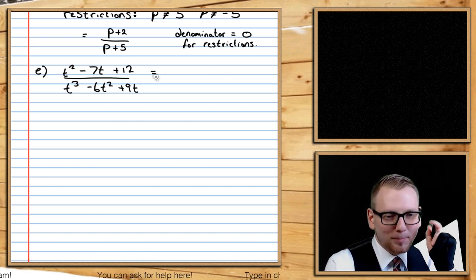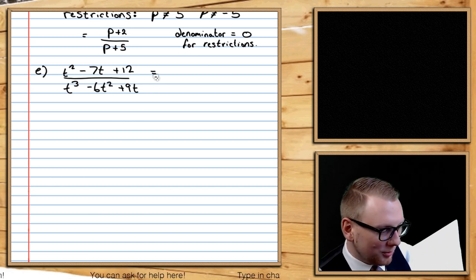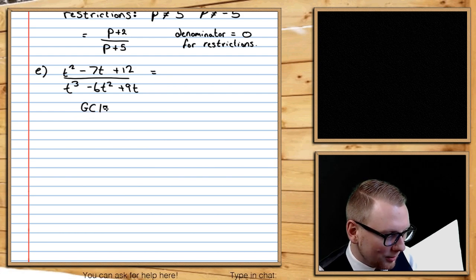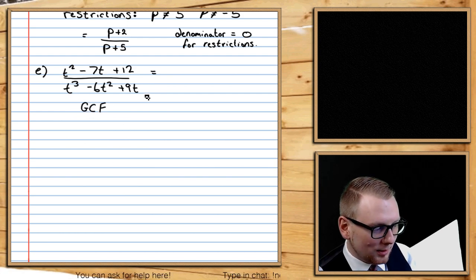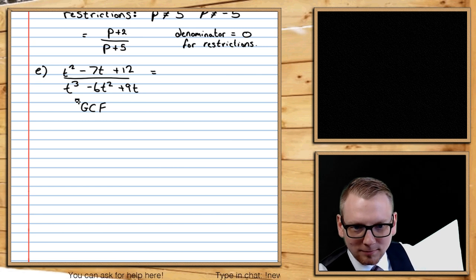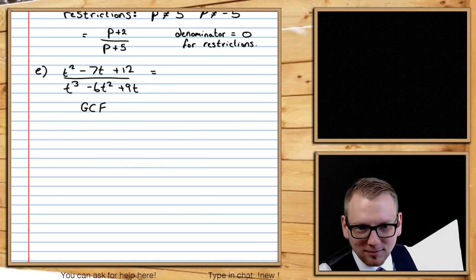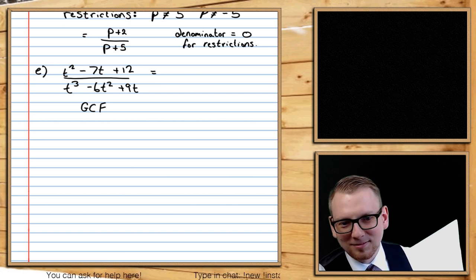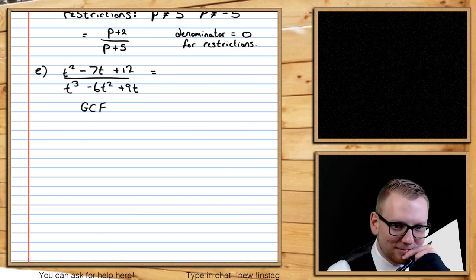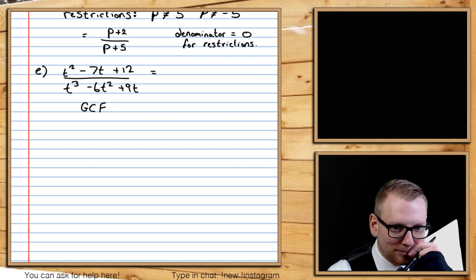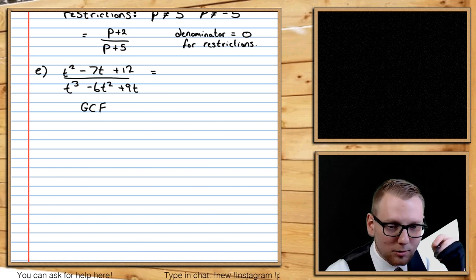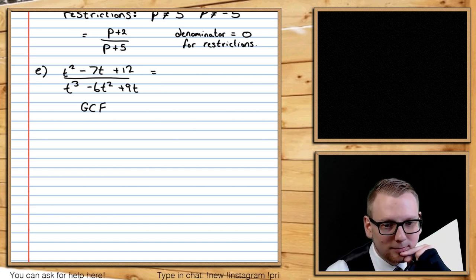What do you do if it's cubed? First thing, if you remember correctly, is greatest common factor. There's a t in each of them, so take out an extra t. Not just a number, it can also be factored if there's a variable.